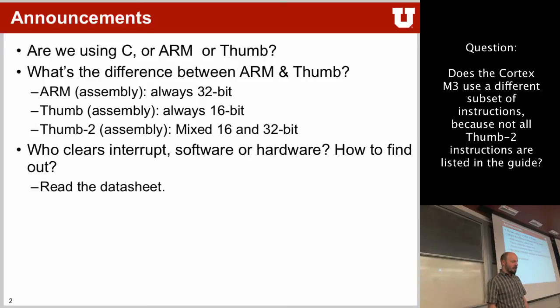Yes. So it is also a subset, and it does not implement all of the different functions. So for example, in thumb2, if I'm not wrong, there is a divide, and the Cortex-M3 does not have a divider. Now the Cortex-M4 has a divider. So some functions won't work, others will.